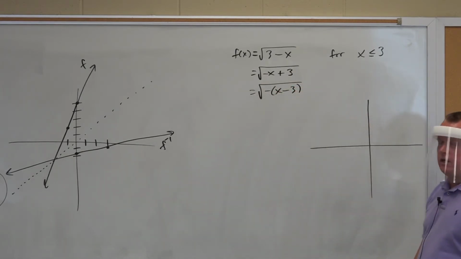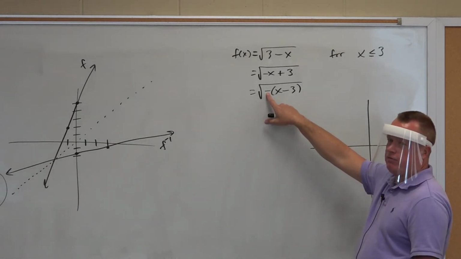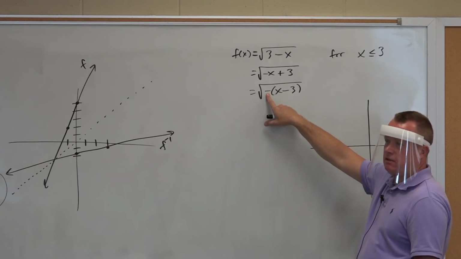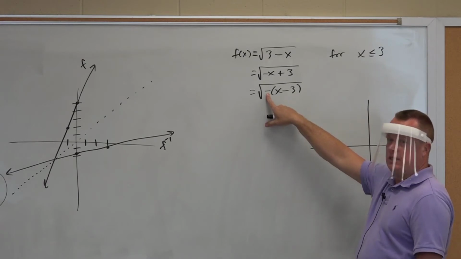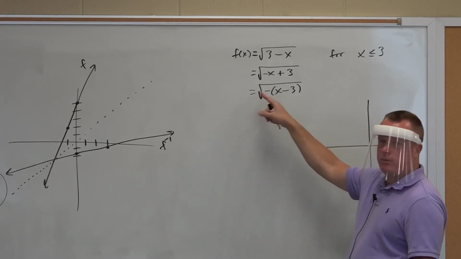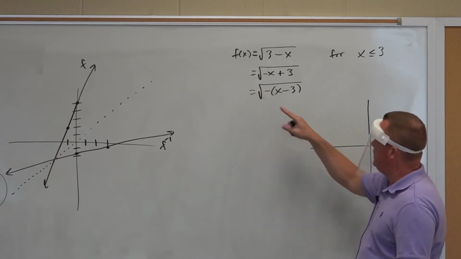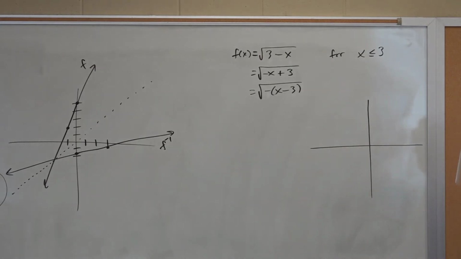Okay, so the minus in front of x, how does that reflect the graph? When it's with x. Across the x or the y? The x-axis. Okay, so it's going to go across the x. If the negative's in front, remember it goes across the y. So if it's inside, so we go this way, and then what will the minus 3, how will that shift the graph?